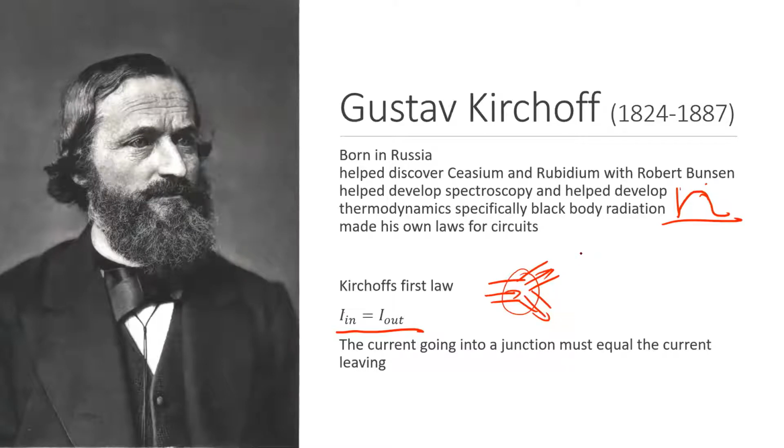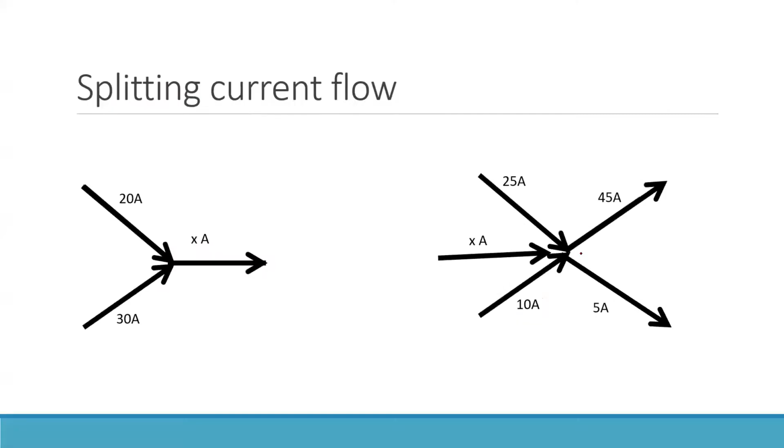We're going to do some examples now. These examples are pretty easy, but let's just do them anyway. We've got 20 amps going into this junction and 30 amps also going into the junction. We've got X amps coming out.